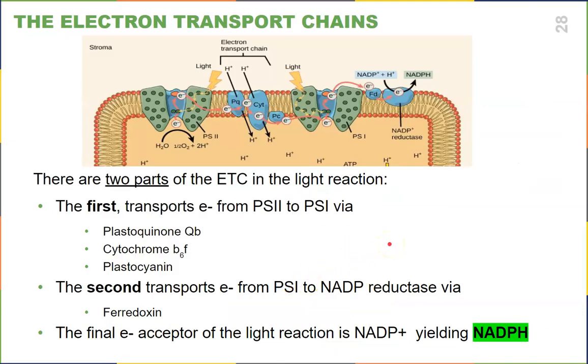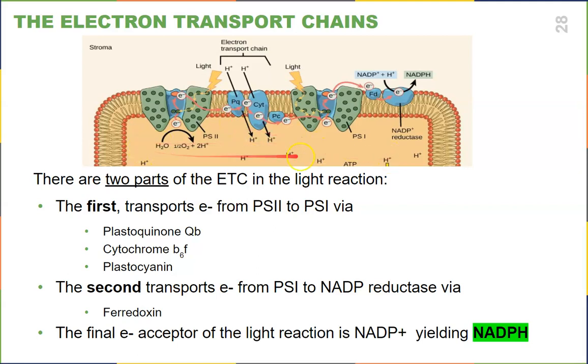Okay, we're not going to really go over all of the names of the electron transport chain, but just know it's the same as in cellular respiration. The electrochemical energy in the electron is used to pump hydrogen ions across. And remember, hydrogen ions are ions, so they can't just squeeze through the membrane. They have to use a protein carrier.